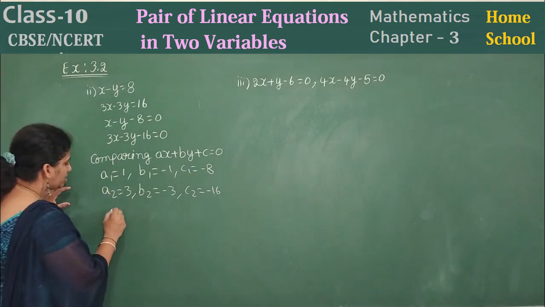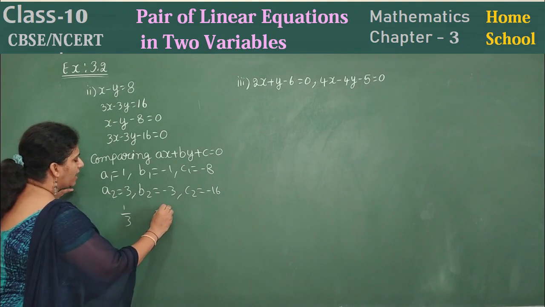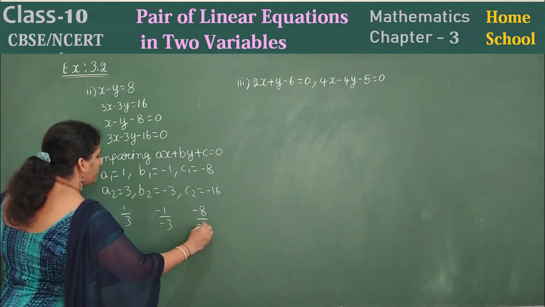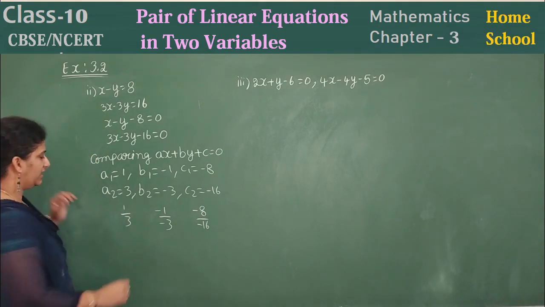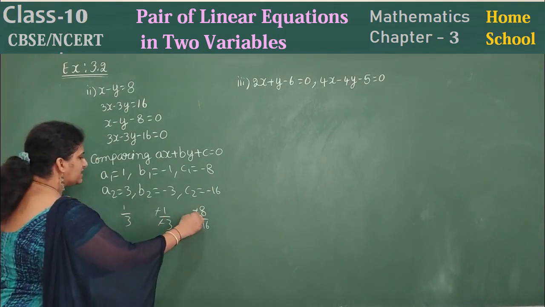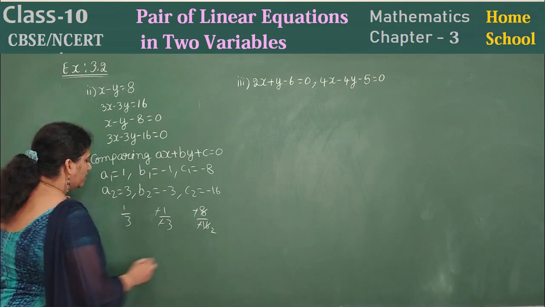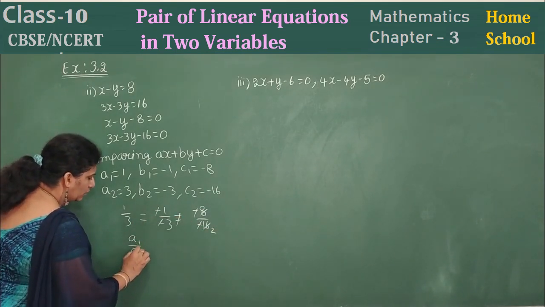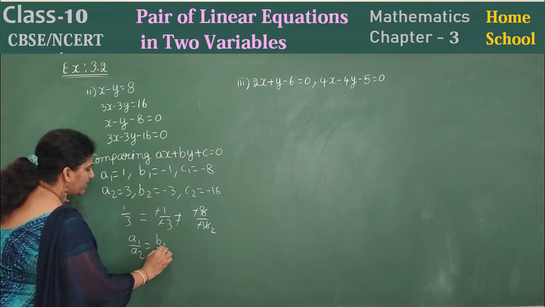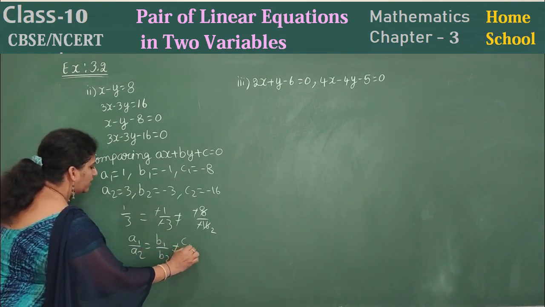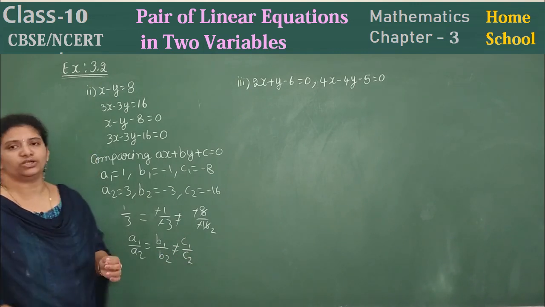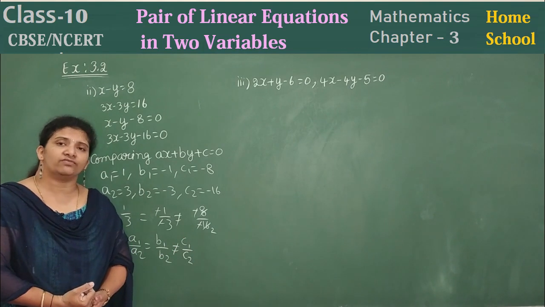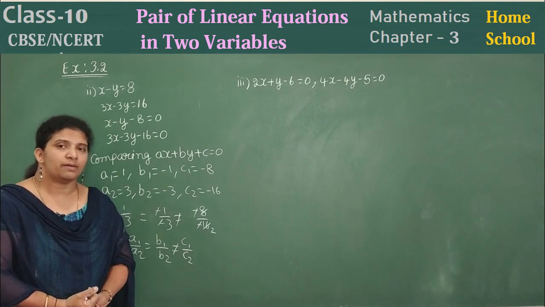Now compare here, children. 1 by 3, minus 1 by minus 3, and here minus 8 by minus 16. Now minus minus cancel, 8 twos. So finally what you can say, a1 by a2 is equal to b1 by b2 is not equal to c1 by c2. Therefore the pair of linear equations will be parallel.